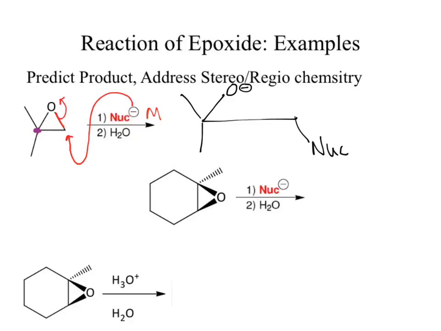What's the relationship between our nucleophile and that oxygen? So to help with that, what I would do is go back to your starting material. And the way I see this is that that oxygen is a three-membered ring, and I'm going to aim that oxygen.